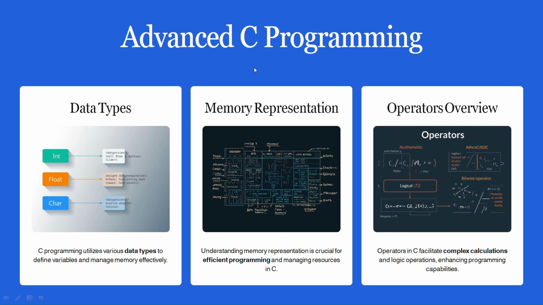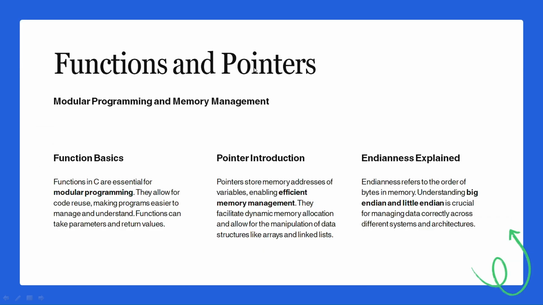Next was functions and pointers. It is the main part we should learn about C programming. Functions are essential for modular programming. They allow for code reuse, making programs easier to manage, and functions can take parameters and return values. Second is the pointer introduction.